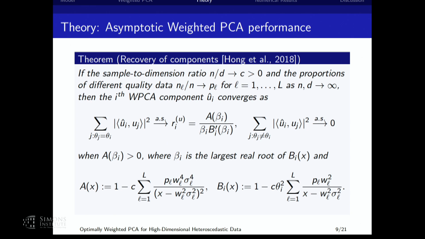Yeah, I'm assuming that one motivation is that, given data, you want to find how to weight it. But this tells you that the weights depend on the signal strength, which you don't know. Right. The weights depend on the signal strength and the noise variances. So the noise levels somehow you know. Right. So the signal strength is something that seems less likely that you know. Yeah, I agree.